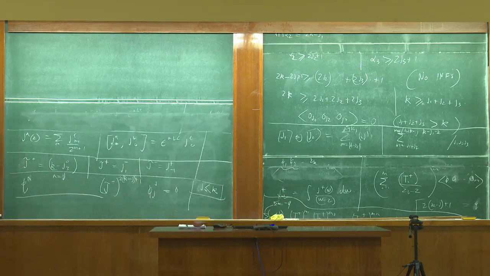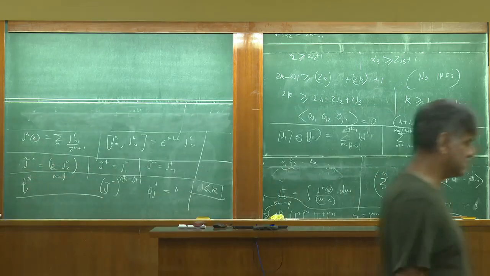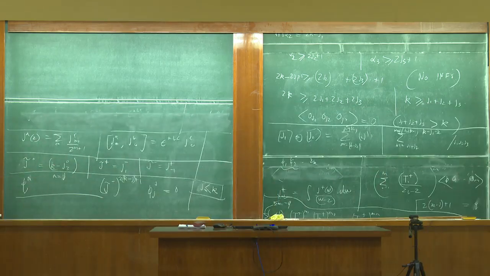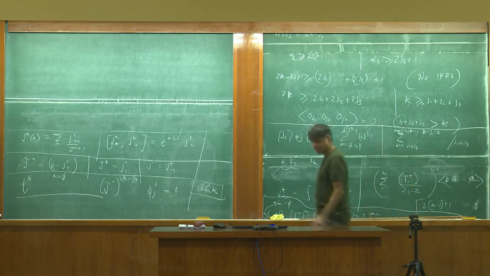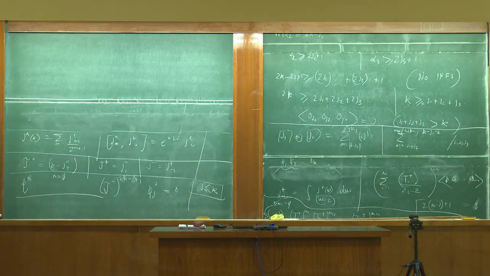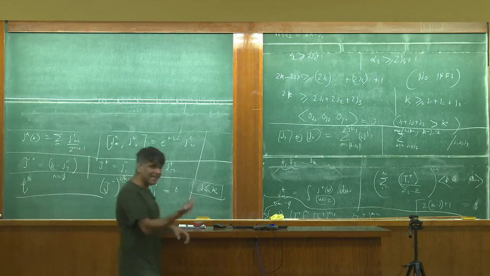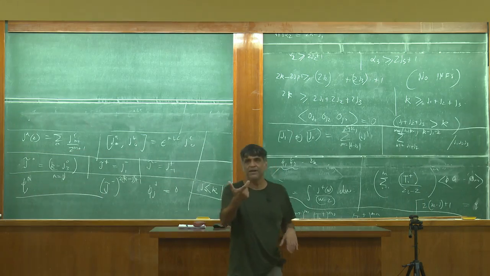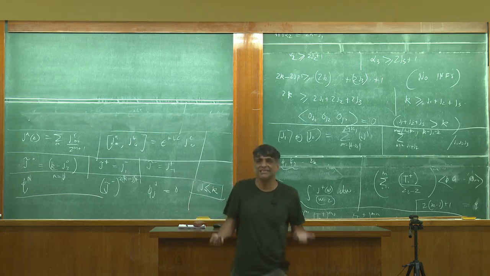Okay, so it's less clear, but the final answer turns out to be very satisfying, and let me tell you about it. First, before getting to that, let me say the following thing. You see, in group theory, a singlet that you form from 3 representations is a very special object.